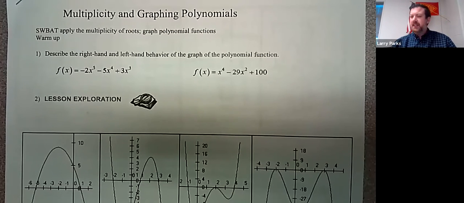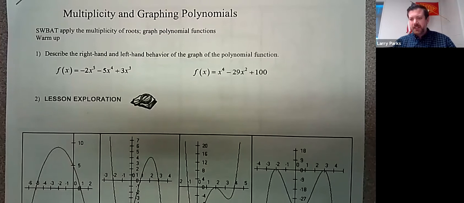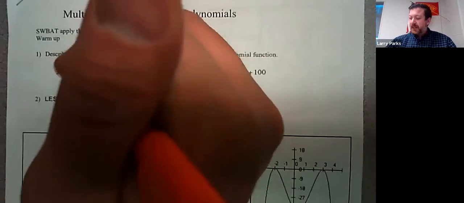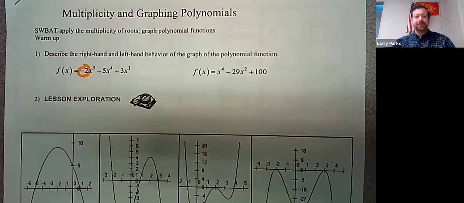You could very well just type this in Desmos and see what it looks like, but I'm hoping that you remember the rules from last time. The rules say you identify your degree. Actually, let's start with the leading coefficient.